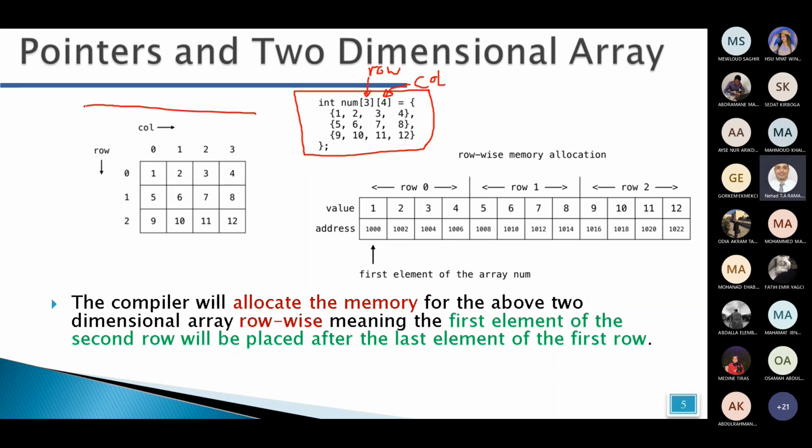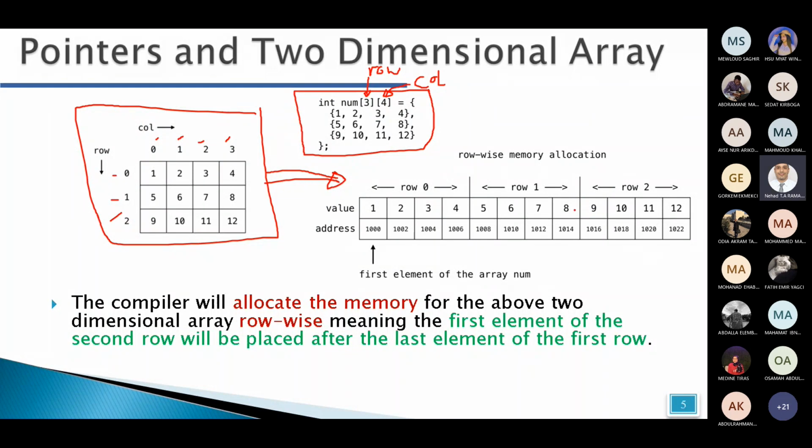As humans, we imagine it like this. We have rows indexed from 0, so we have row 0, row 1, row 2. That's 3 rows. Columns are indexed from 0, we have 4, so column index 0, 1, 2, 3. But in the computer, it will actually be stored like this, as one dimension at the end.